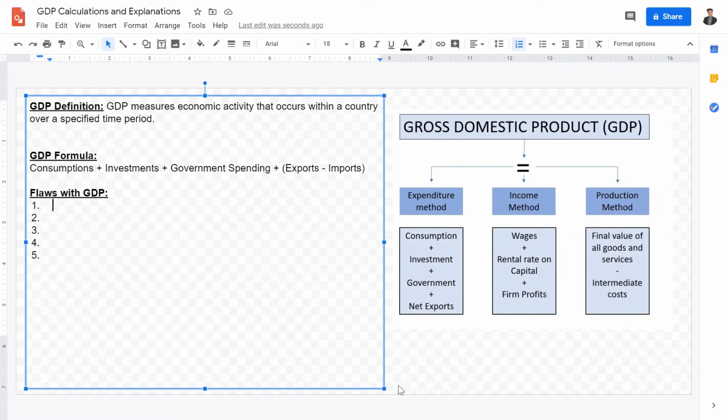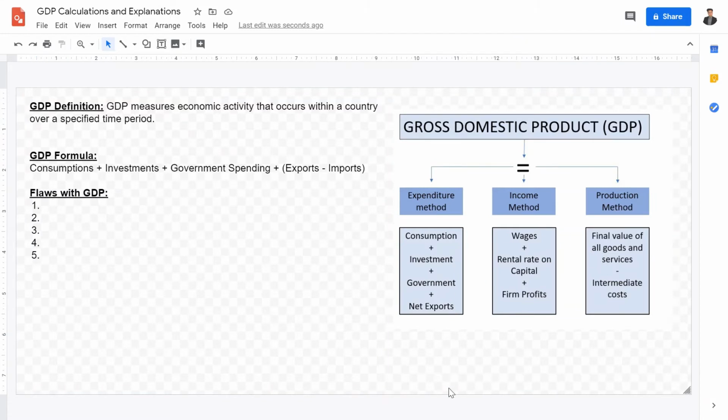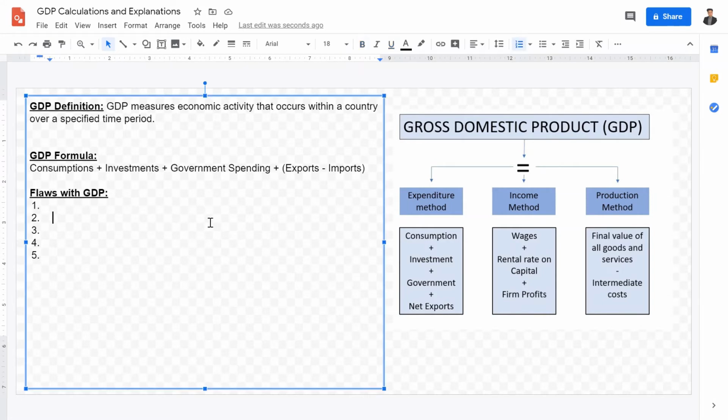With reference to the circular flow diagram, you would see that despite all the money flows going around the different blocks, the total money output is still equal to each other. Therefore, theoretically, expenditure model, income model, and production model should be equal to each other. Hence, gross domestic product is constant within these three methods. But I just recommend you use the expenditure model since it is the easiest.